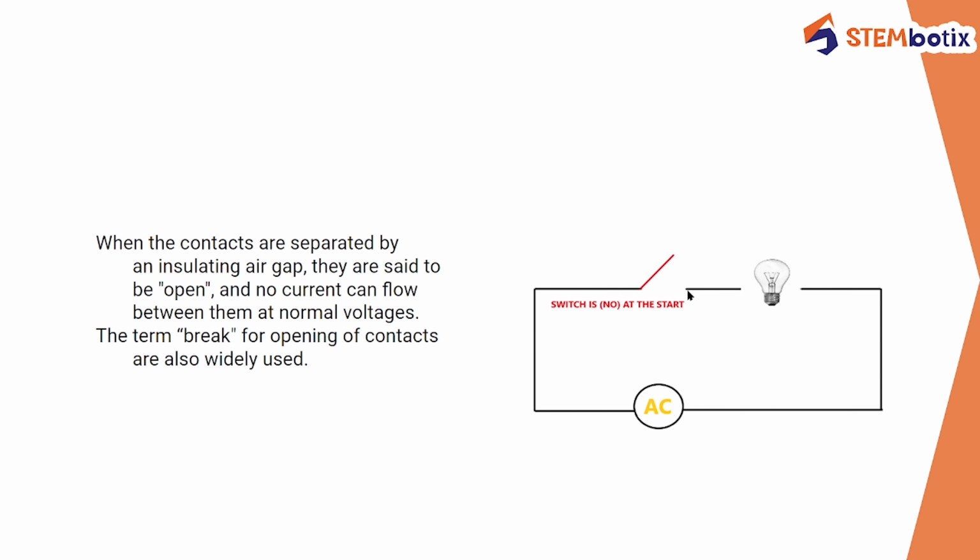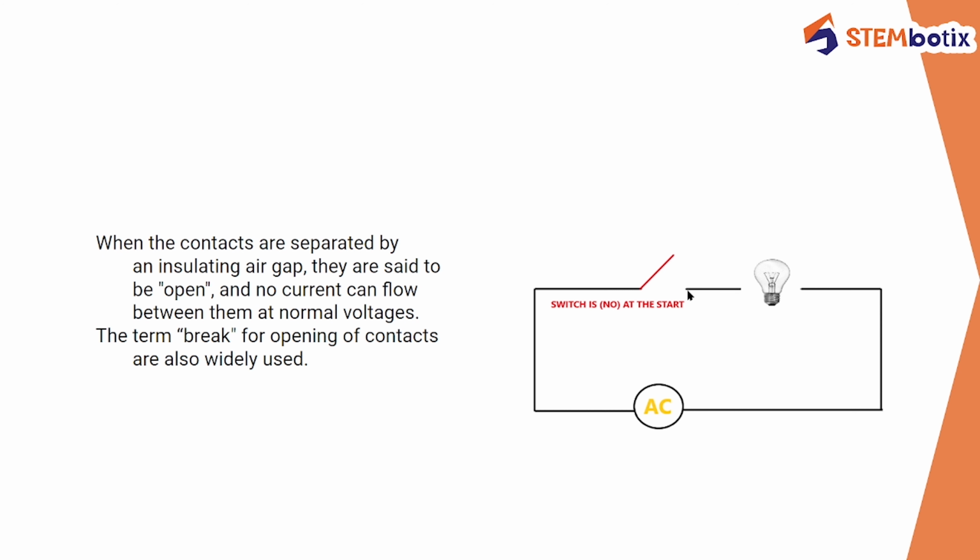This may be make before break, which momentarily contacts both circuits, or break before make, which interrupts one circuit before closing the other. So these are the double throw switches.